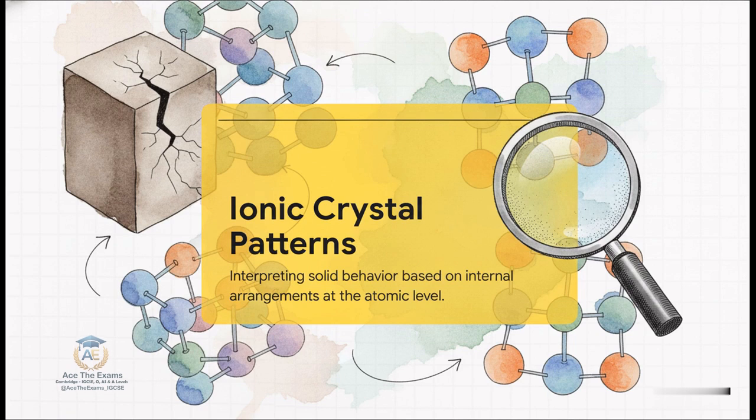Just imagine a massive, perfectly ordered, alternating grid of positive and negative spheres locked tightly into place. The solid's macro behavior, like its really high melting point or its brittleness, is completely controlled by this internal atomic packing. If you shift that internal arrangement even slightly, you fundamentally alter how the solid behaves out in the real world.